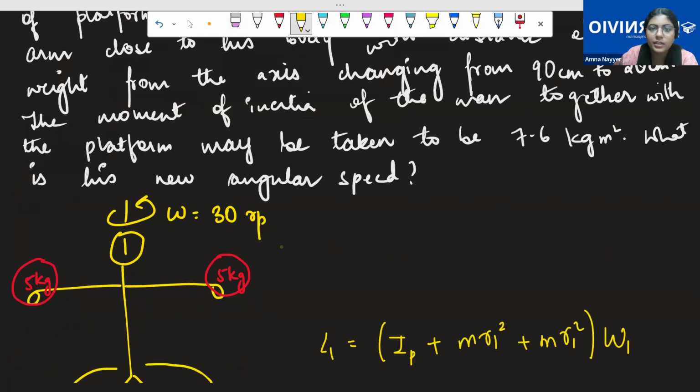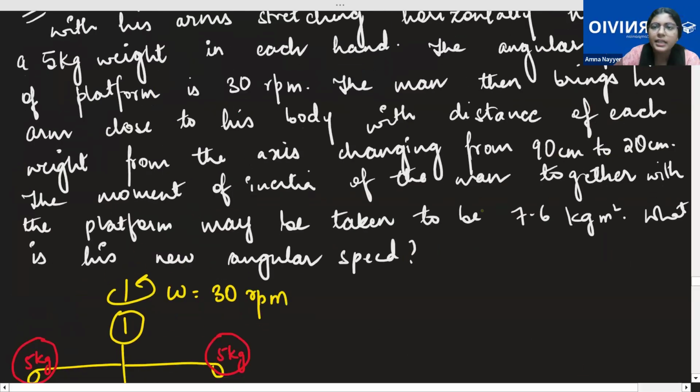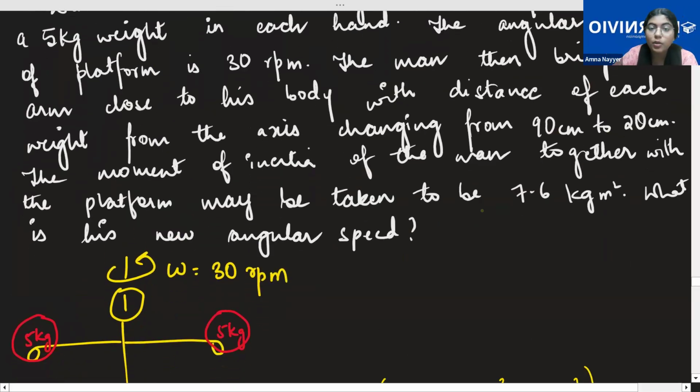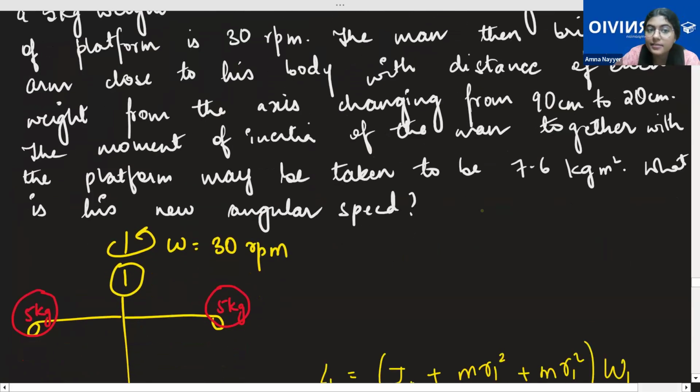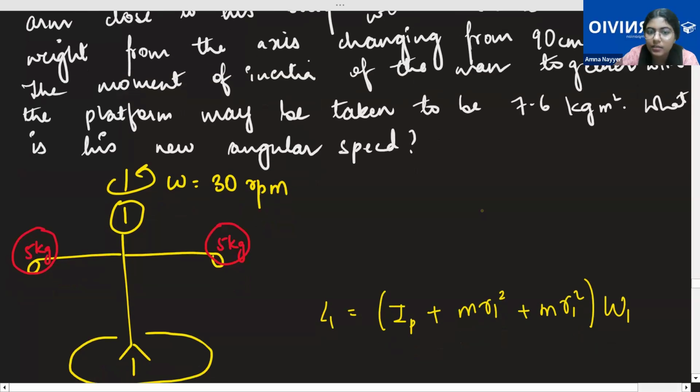So you'll have to convert it into radian per second, and I think that's not a tough task now. It says the man then brings his arms close to his body, with the distance of each weight from the axis changing from 90 centimeter to 20 centimeter.